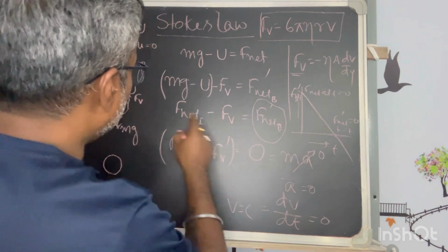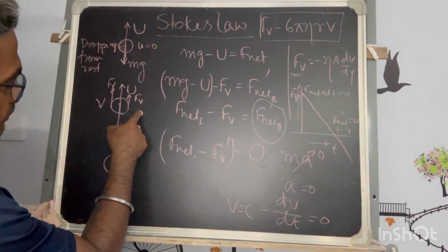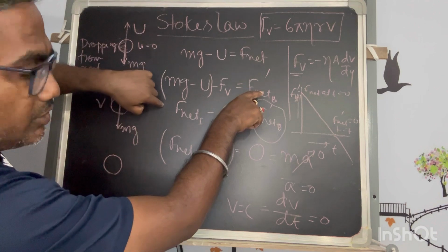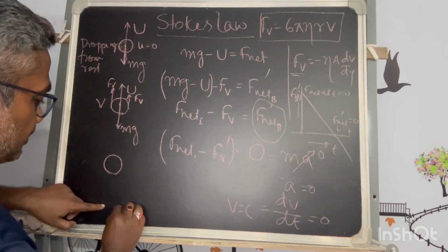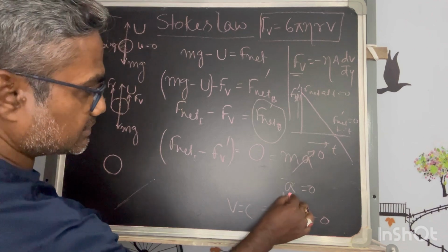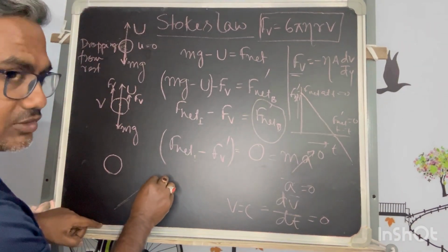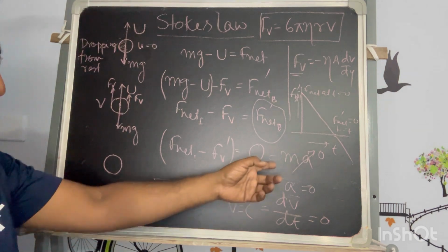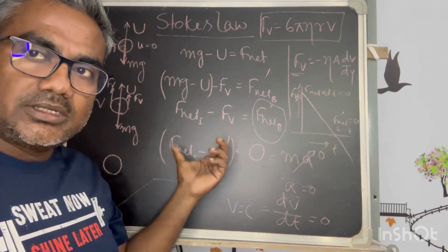From there it is getting some velocity due to the resultant force acting on it. From 0 the velocity is increasing, and when the acceleration is 0, it has attained some velocity and will maintain the same velocity because there is no net force acting on it.